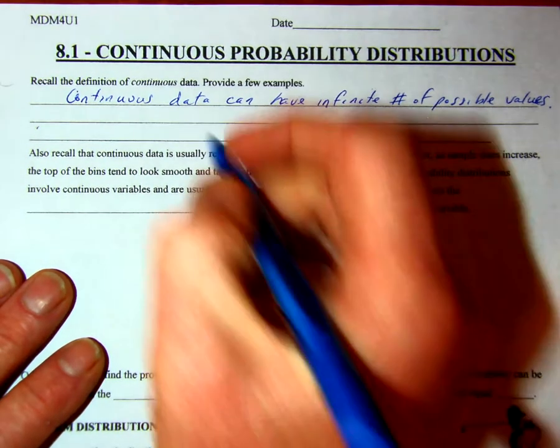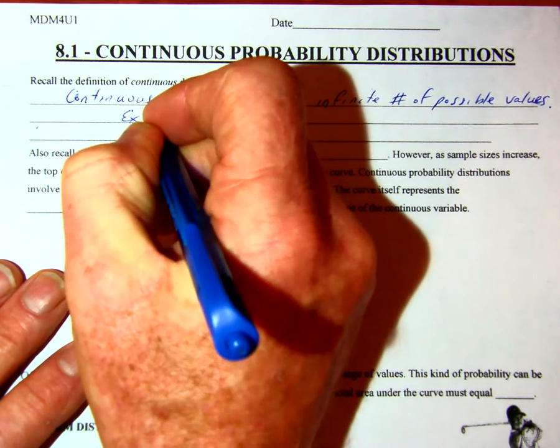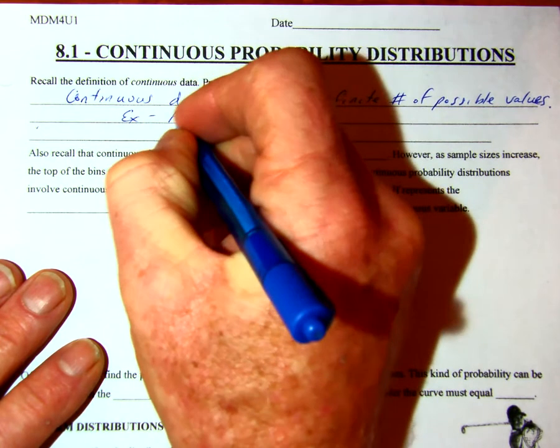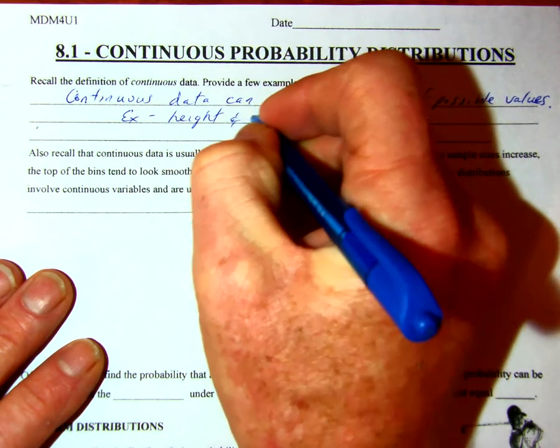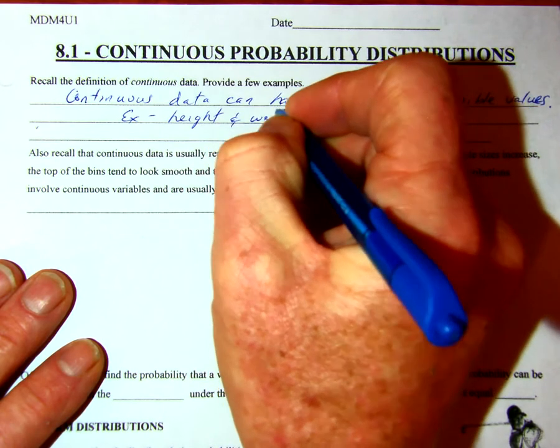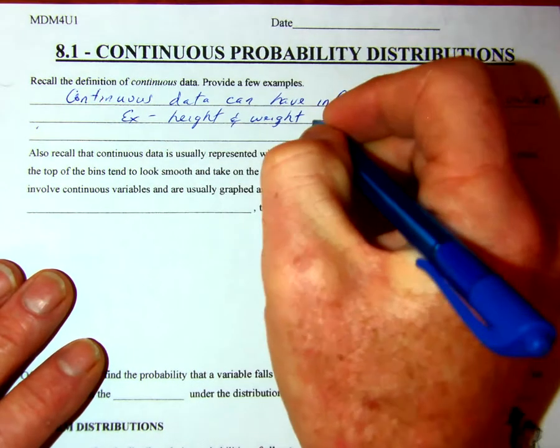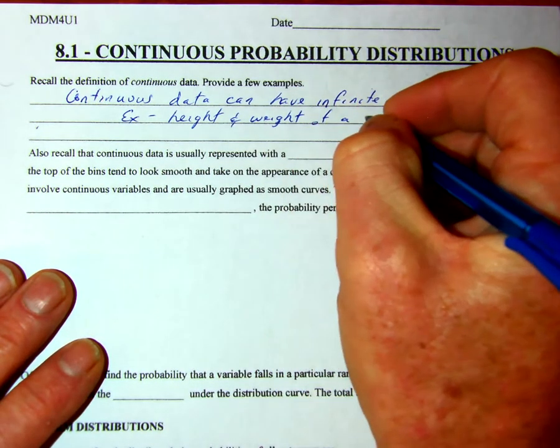Awesome. So examples of continuous data: if you measured everyone in Canada and recorded their height and their weight, you would have a continuous distribution.